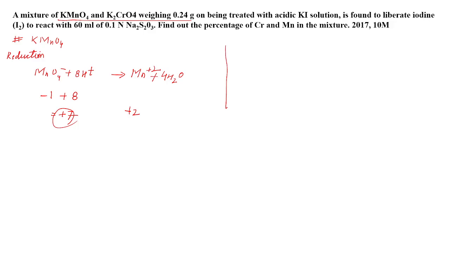So if I am going to add 5 electrons, that means 5 negative, so +7 minus 5 is going to give you +2. So in this way, on both sides the charges are equal. So we are going to add 5 electrons here. This is how you need to balance this redox half reaction.